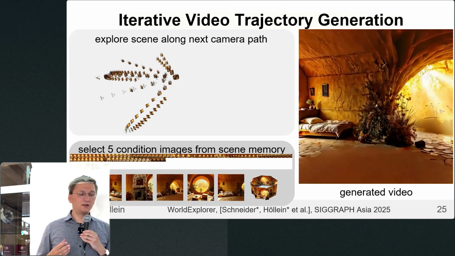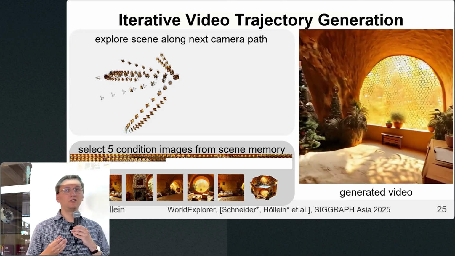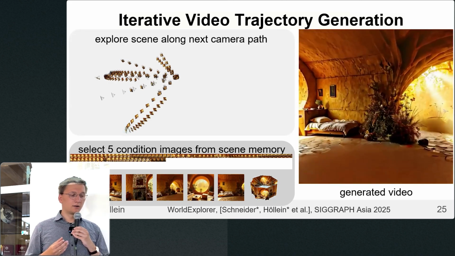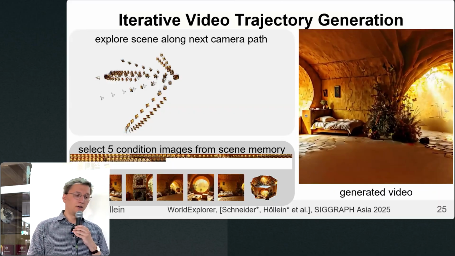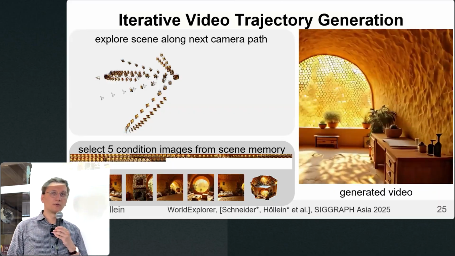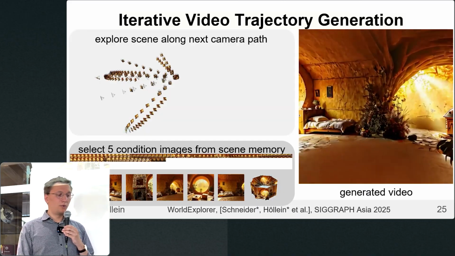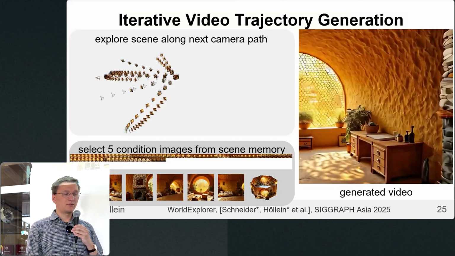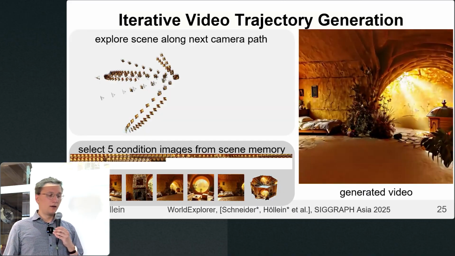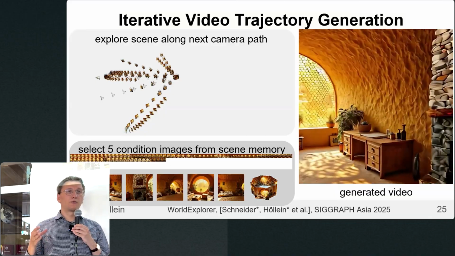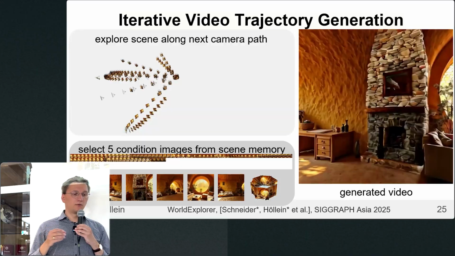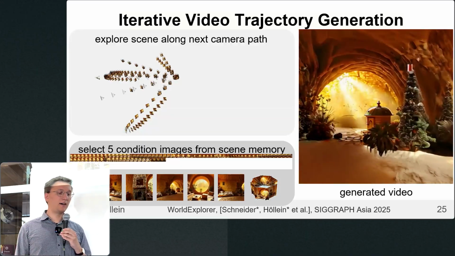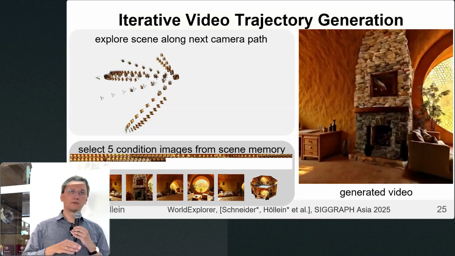And the key idea that we propose in this paper is a scene memory mechanism where each trajectory is conditioned on the previous frames. So if this is maybe the 10th trajectory that we generate, we save all the previous frames that we created, and we select the 5 frames that are most relevant to this trajectory based on camera viewpoint similarity, and condition the model on those.